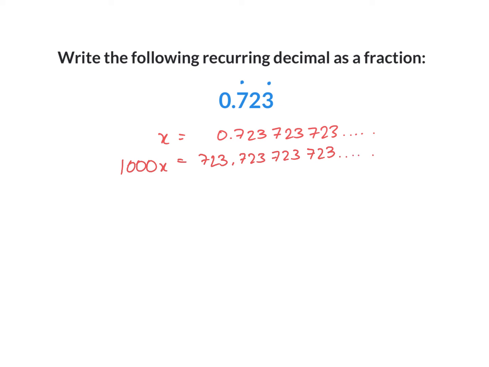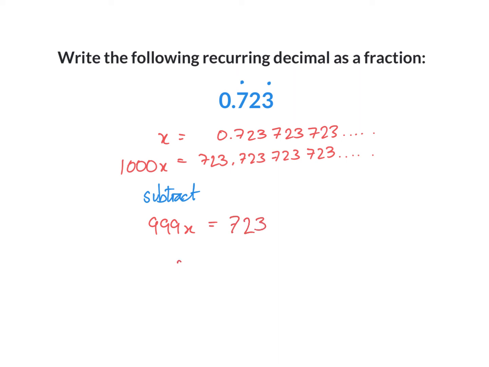So like the last time, we're just going to subtract the two equations. 1000x minus x is 999x, and this time 723 take away 0, because the recurring parts cancel out, so 723 take away 0 is just 723.